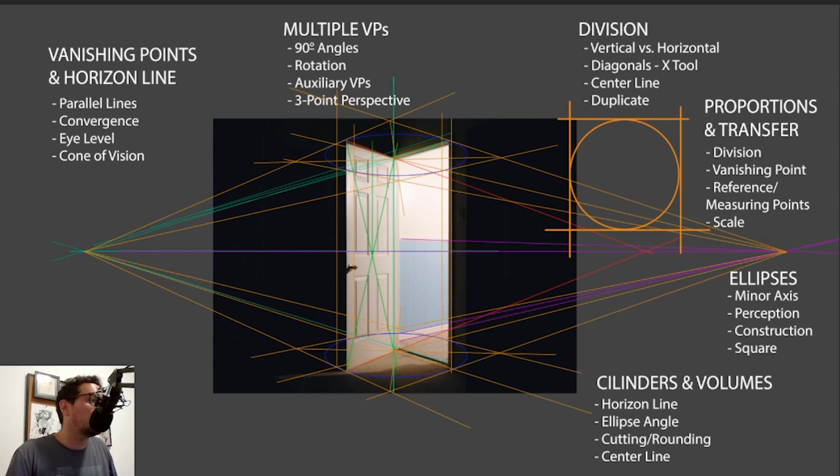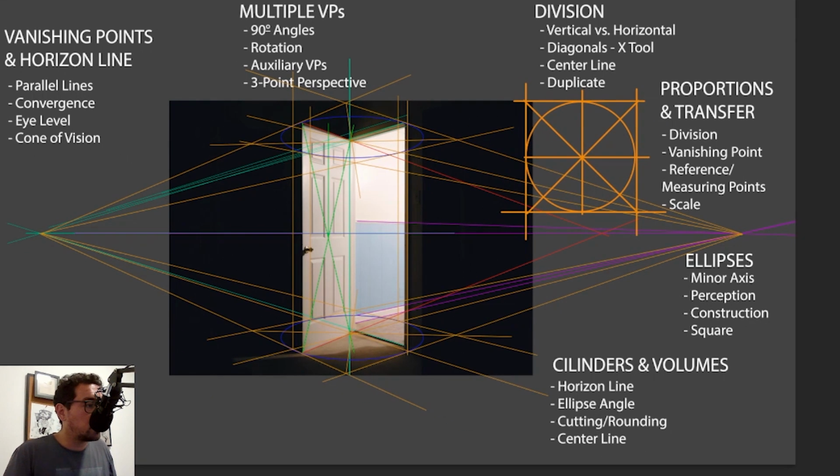So if we do get all the diagonals here and here, as well as verticals, we can see this happening here. This is exactly what's happening here. So this line is one of these, and so on and so forth. And also the ones that are going to the vanishing points.